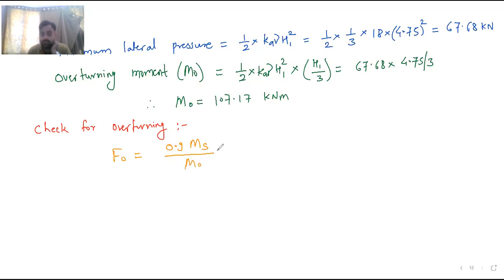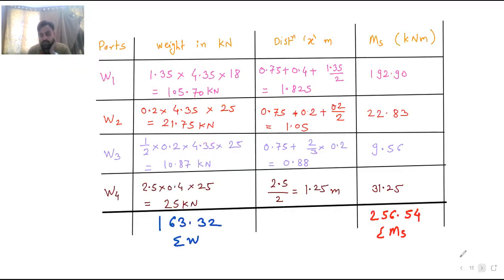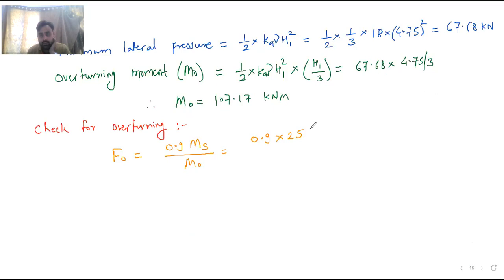Put the values: 0.9 into 256.54 stability moment, divided by M0. As the unit is the same, there is no need to multiply by 10 raised to 6. So calculate the value of the overturning factor of safety.